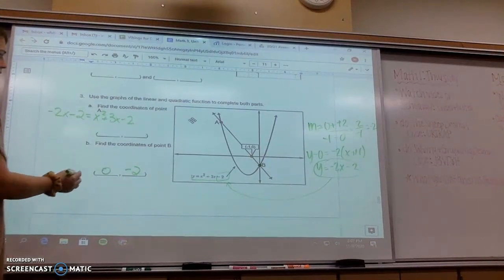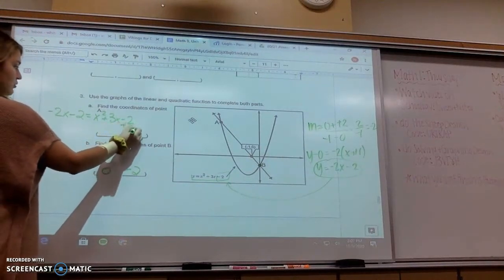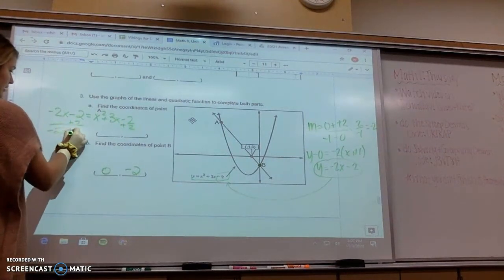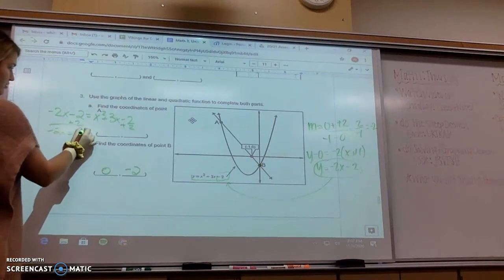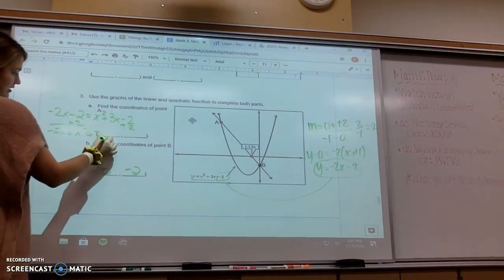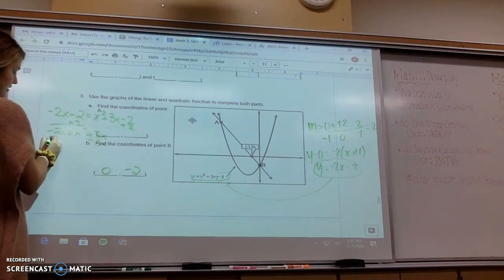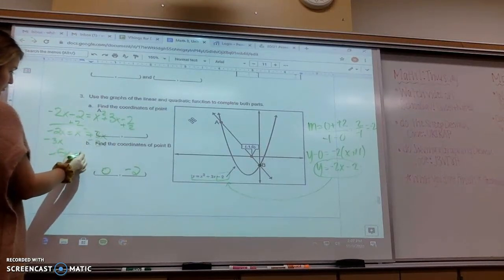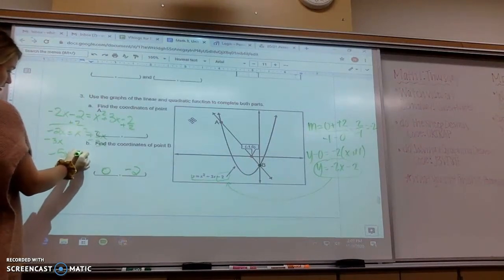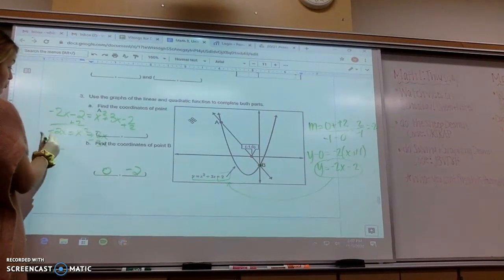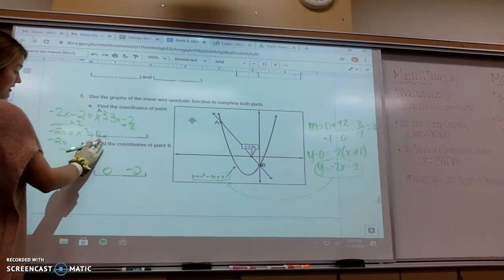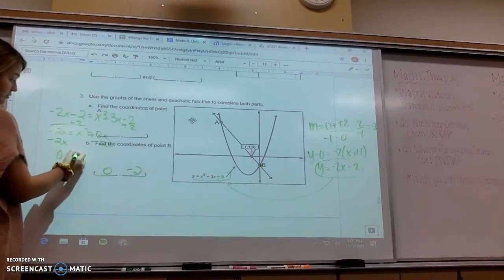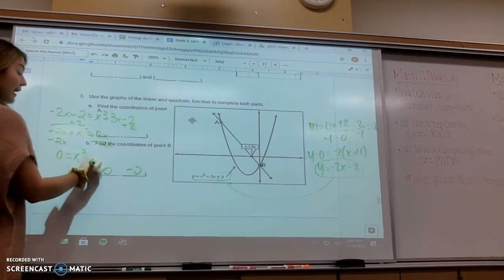So I'm going to add 2 to this side. So I get negative 2x is equal to x squared plus 3x. Hold on. I'm going to subtract 2x from both sides. I get 0 is equal to x squared minus x.